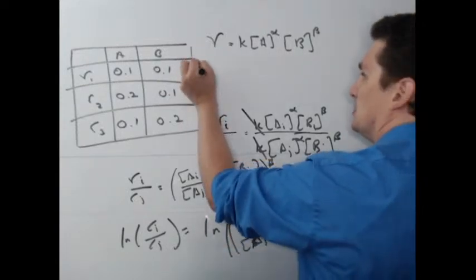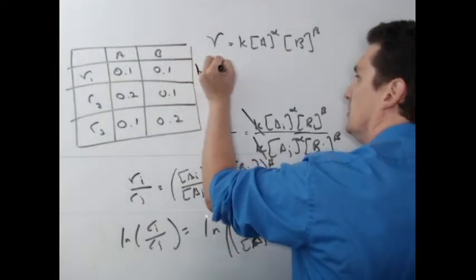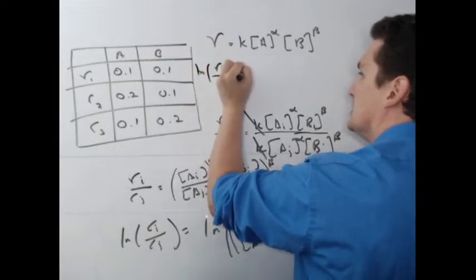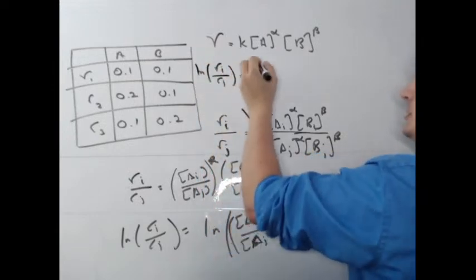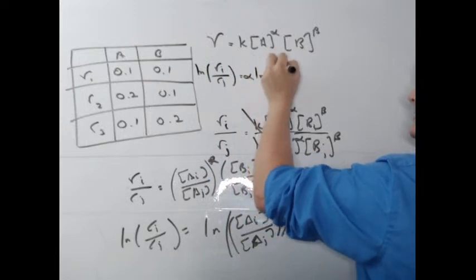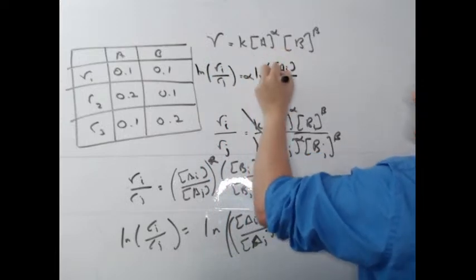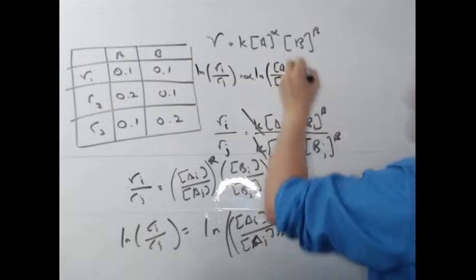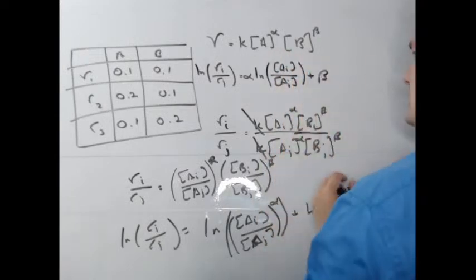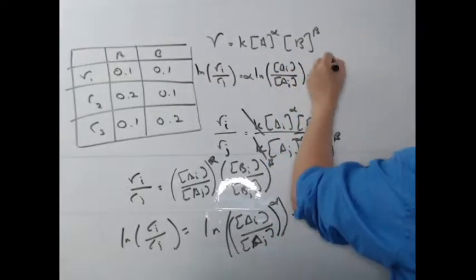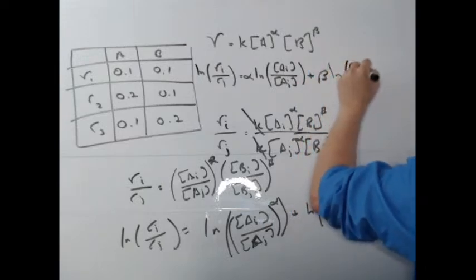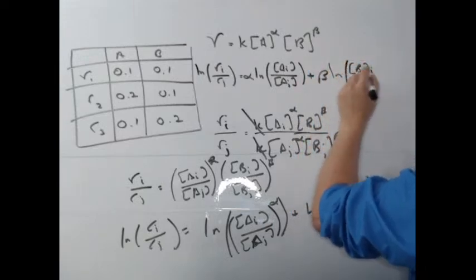So we'll end up with this formula: the natural log of the ratio of two runs is the apparent order of reactant A times the natural log of the ratio of its concentration between the two runs, plus the apparent order of B times the natural log of the ratio of the concentrations between the two runs.